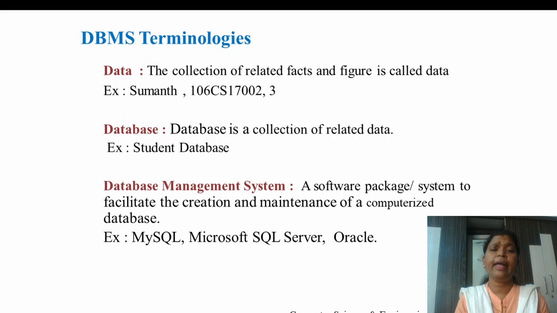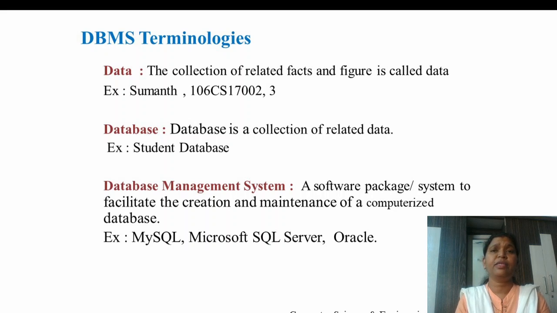Now comes database. Let us relate database to data. A database is a collection of related data. How is it related? You have many students in one section, all related to the third semester. We maintain attendance, and that itself is third semester data.